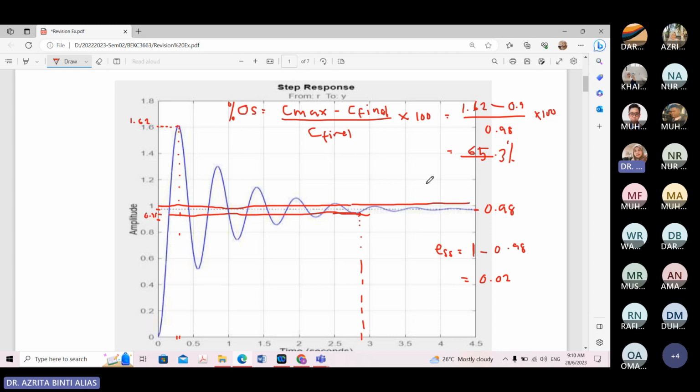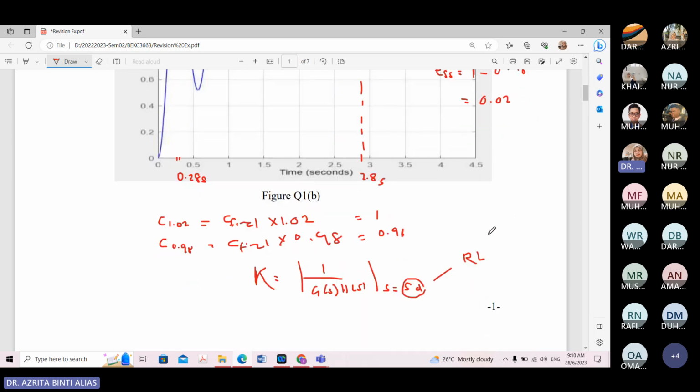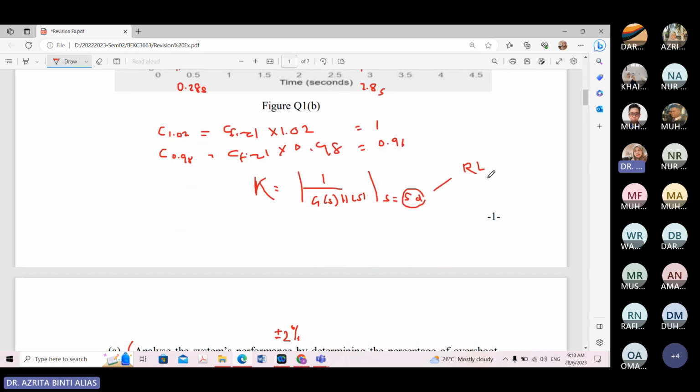Since the information given here is the output response, not the root locus, we still can obtain the ST location. The general formula for the ST is given by minus zeta omega n plus j omega D.